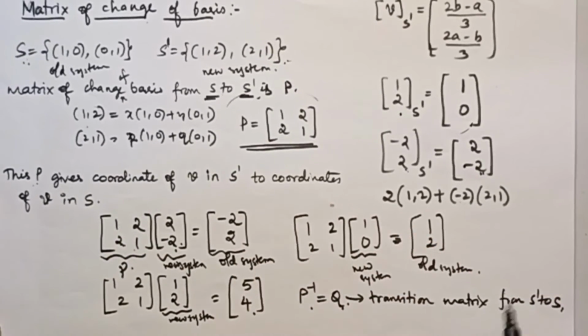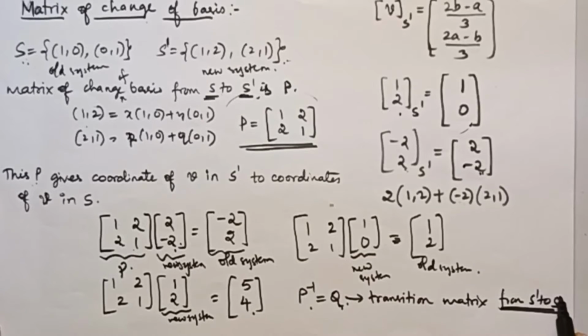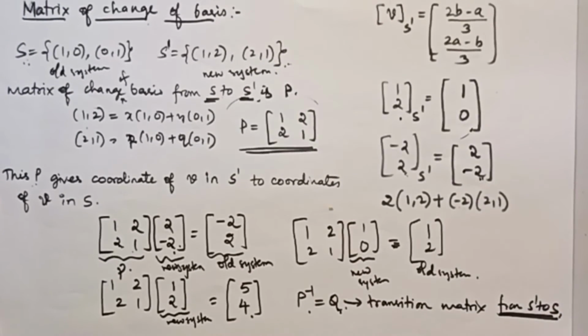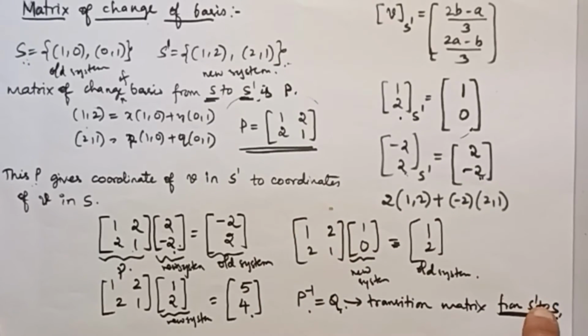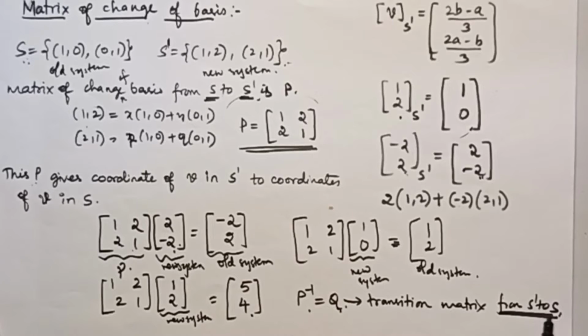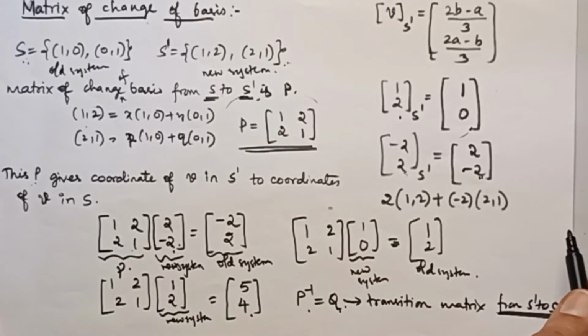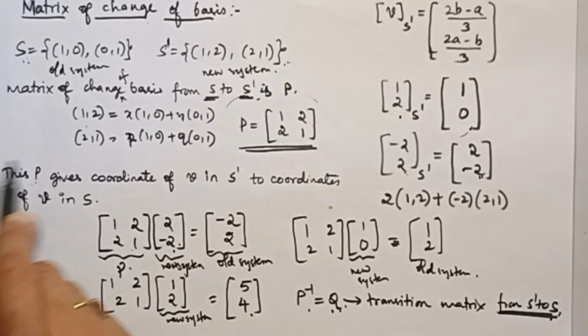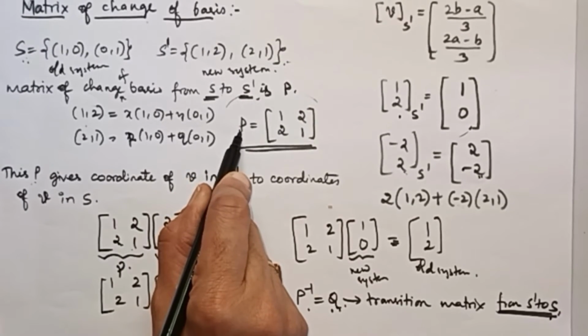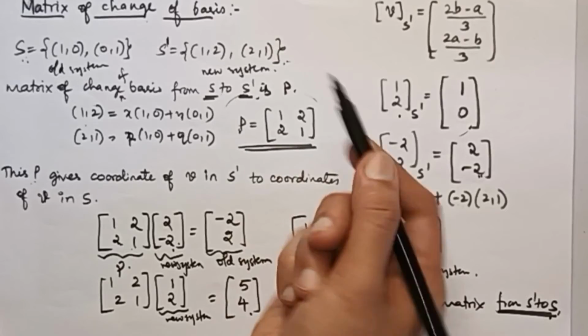Little confusing due to this. From S dash to S means usually we think coordinates of V in S dash to coordinates of V in S, but that is wrong. It's the reverse of this. Coordinates of V in the old system are converted to the coordinates of V in the new system by Q. But P converts coordinates of the new system to the coordinates of the old system.